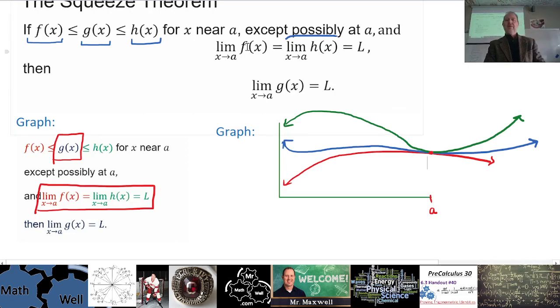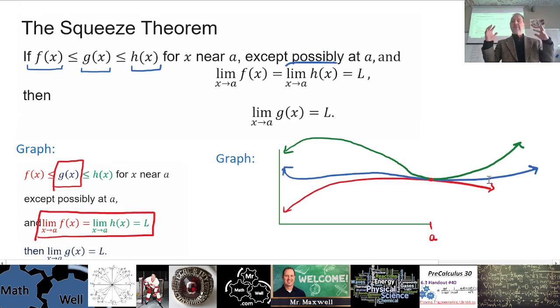So again, if f of x and h of x approach the exact same limit at a certain a value, then g of x, the middle function, will also take on that exact same limit. So it gets sandwiched in between. All right? So from a high level, that's what the squeeze theorem says.